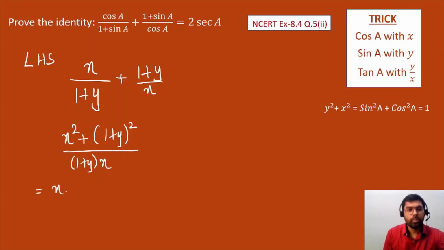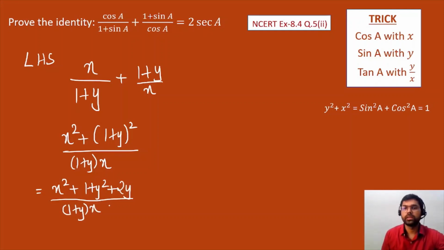Solve the numerator, open the brackets, will get x square plus 1 plus y square plus 2y upon 1 plus y in the bracket multiply by x. Again you can see we are getting x square plus y square. So I can replace x square plus y square with 1, and we have 1 already. So 1 plus 1 will give me 2. So I can write it as 2 plus 2y upon 1 plus y multiply by x.